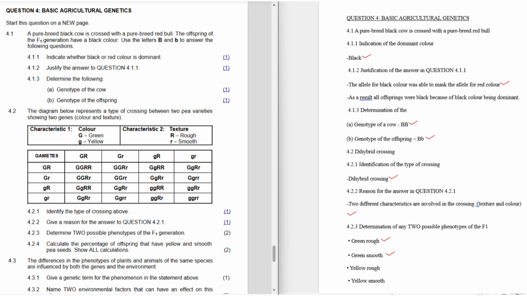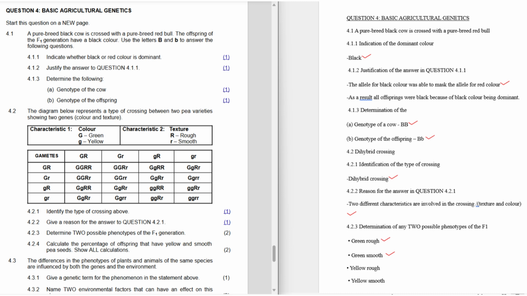4.1.1 Indicate whether black or red color is dominant. This one says you can see the offspring are all black. That means the black was dominant over the red color. 4.1.2 Why are you saying black is dominant?